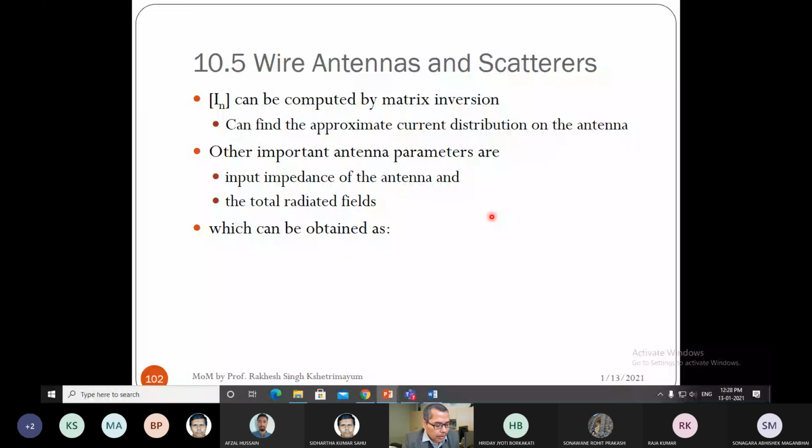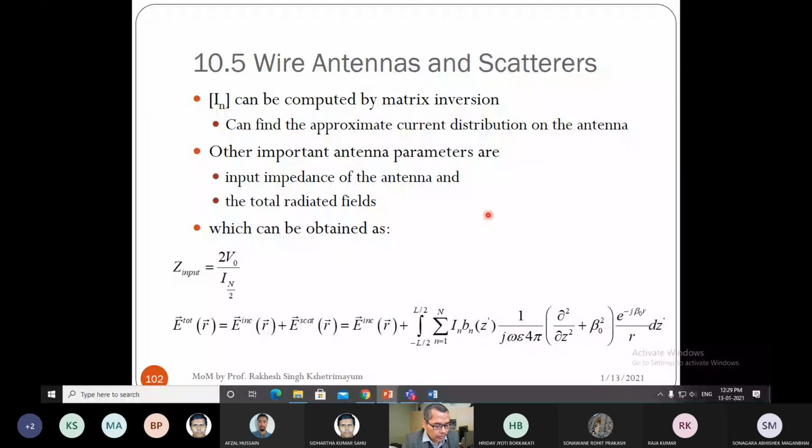Just before that, let us find out the input impedance at the center of the dipole antenna. The dipole is fed at the center. You have an upper arm of length L by 2 and a lower arm of length L by 2. If I want to find the input impedance at the center of the dipole, how much was the voltage we were applying at the center? It was 2V0. And what was the current at the center?